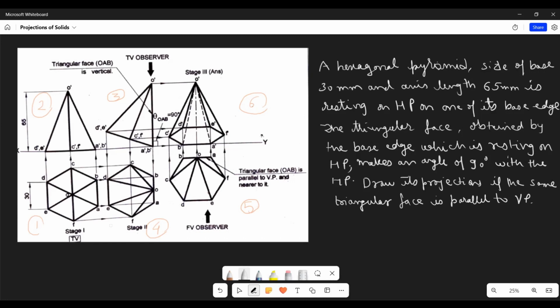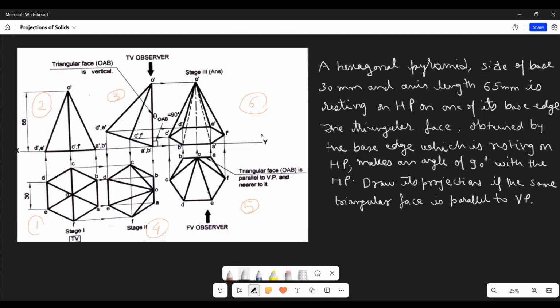Now there is one more point which has to be mentioned in the question, that this triangular face OBA, here it is nearer to the XY line.